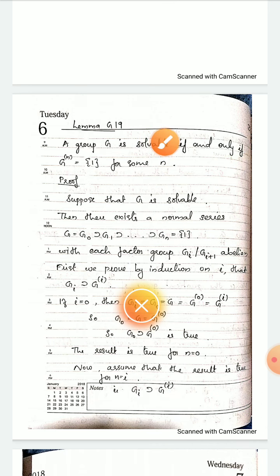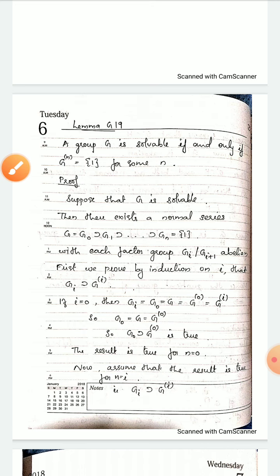Next is lemma G19. A group G is solvable if and only if G raised to n is equal to the set {1} for some n. So this lemma states that G is solvable if and only if G raised to n, which is a commutator subgroup of G, is trivial.